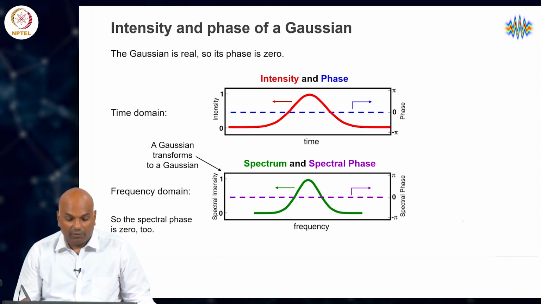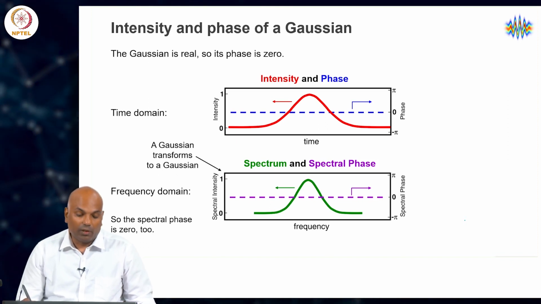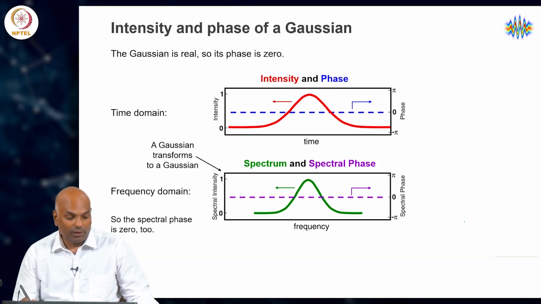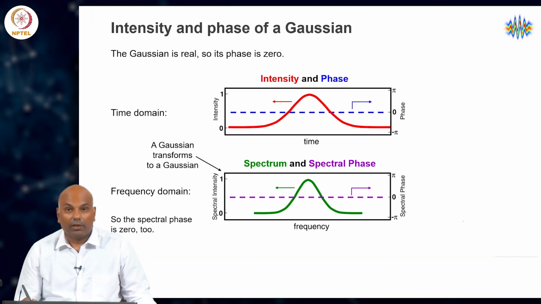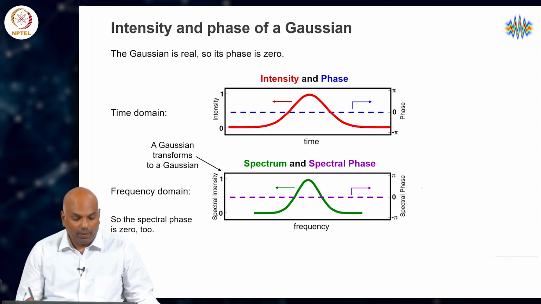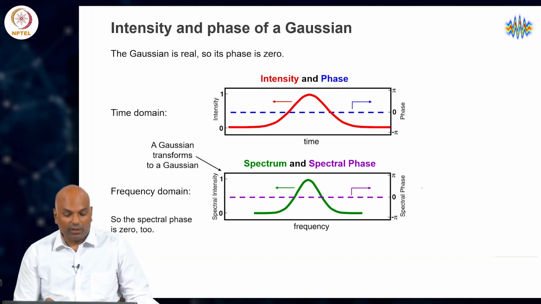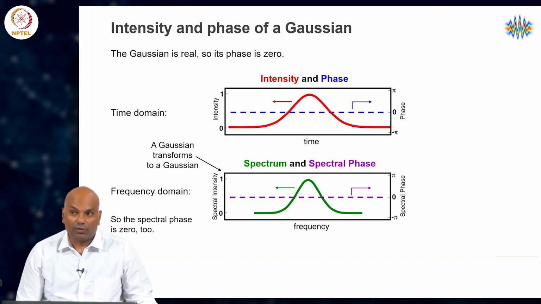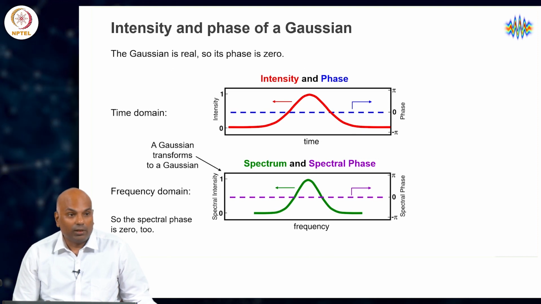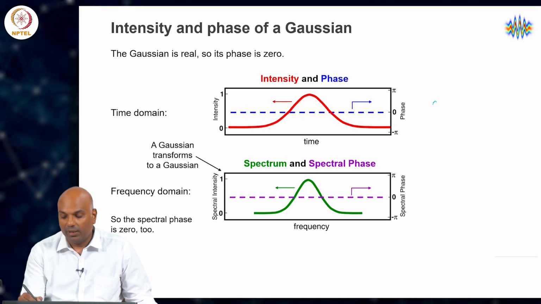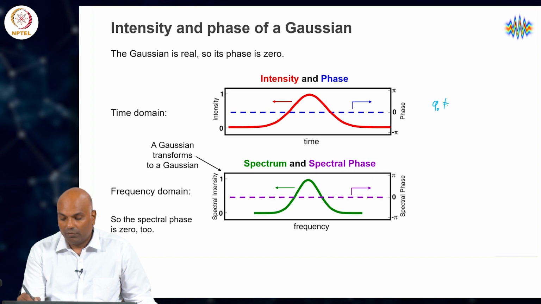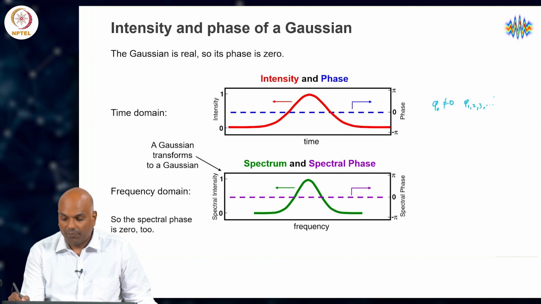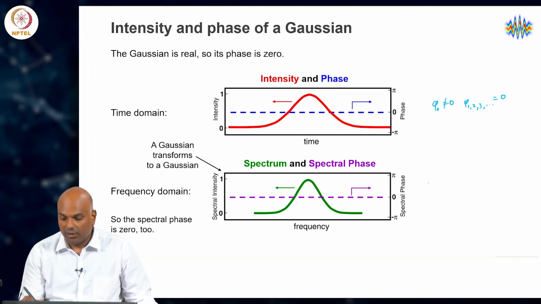And we can start with the simplest of pulses, where the envelope is a Gaussian, a function easy to Fourier transform and also close to what real world lasers produce, and the simplest case where the temporal phase is flat, consequently the spectral phase is also flat, which in our current level of discussion means that phi naught is not 0, but phi 1, 2, 3, all the higher order phi's are 0.